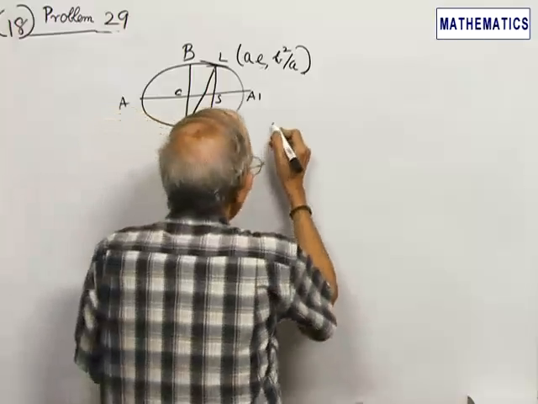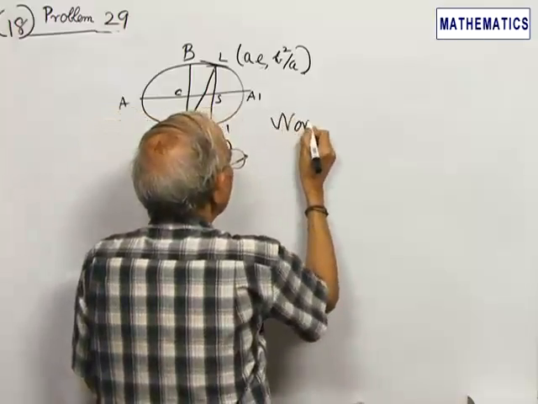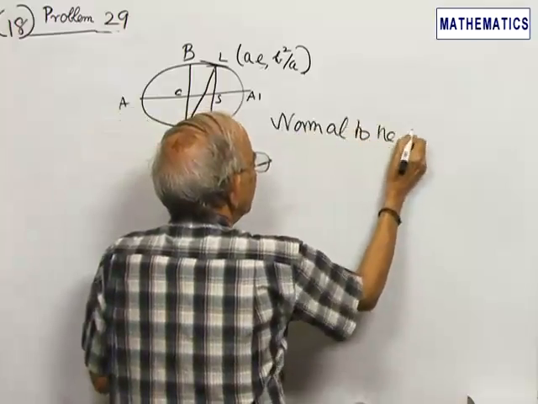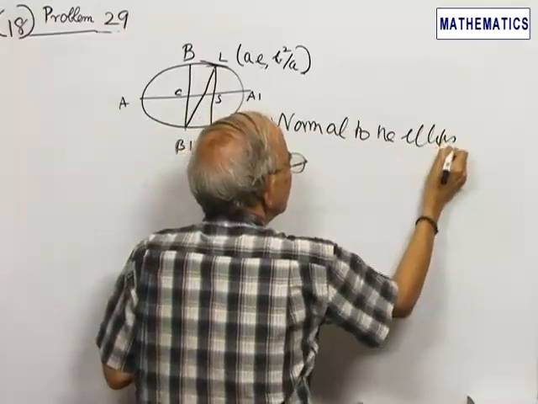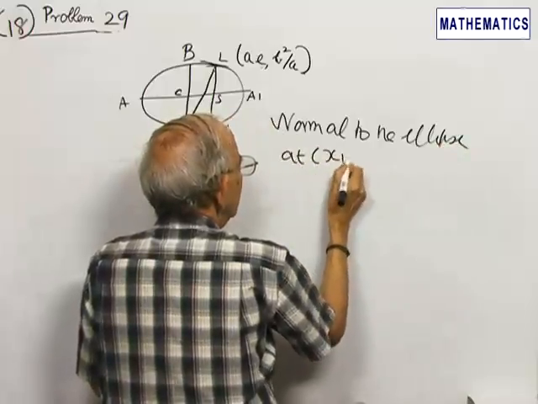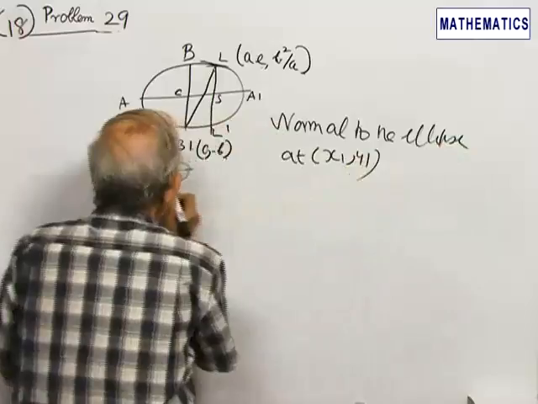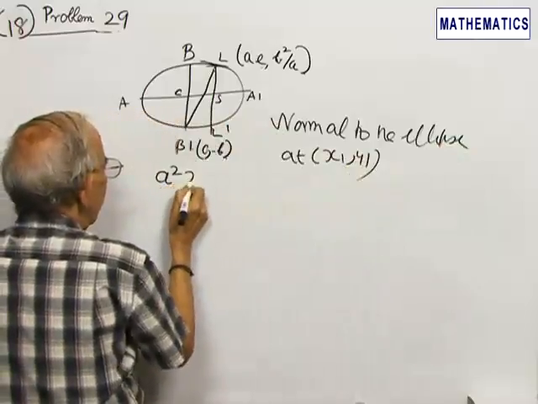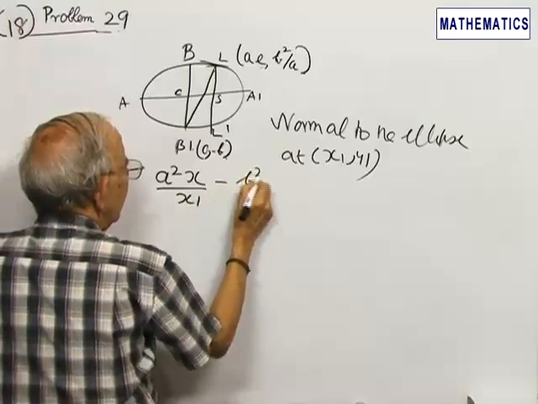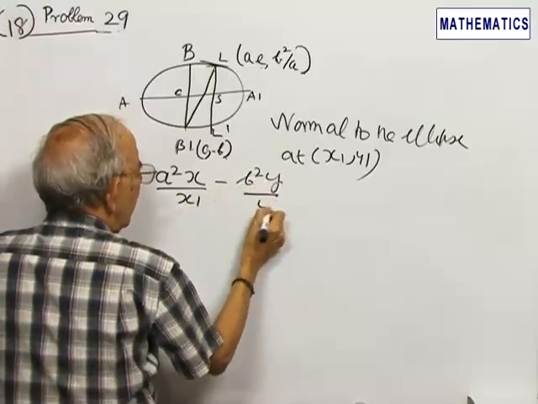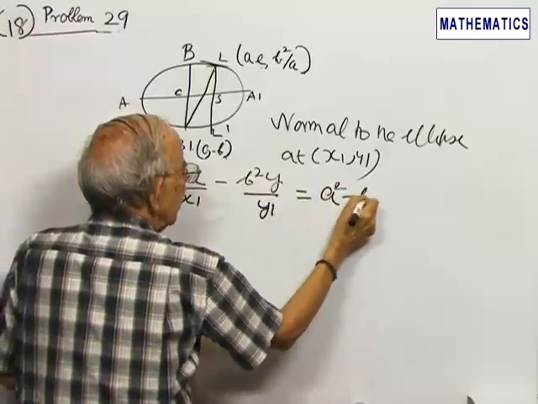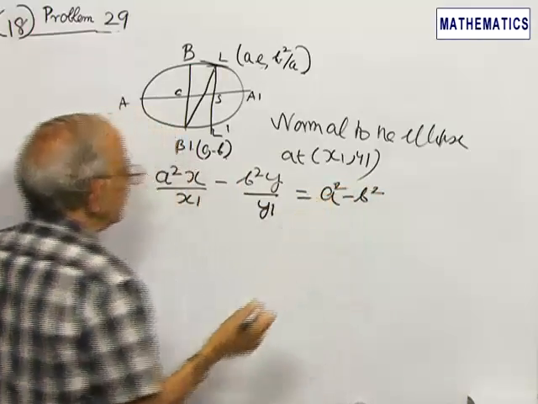You know that the normal to the ellipse at a point (x1, y1) is a squared x by x1 minus b squared y by y1 equal to a squared minus b squared.